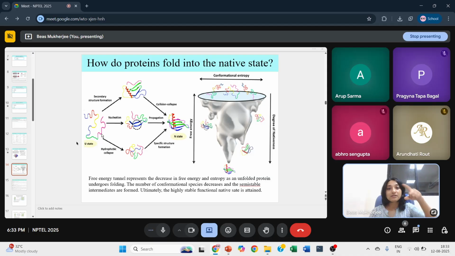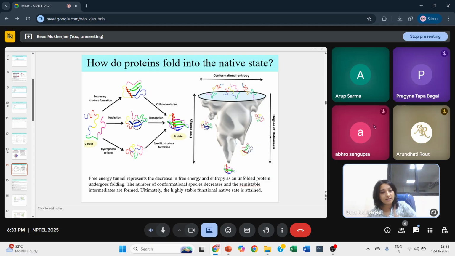So see, this is the free energy, this is how it goes, and this is the degree of nativeness. It is exactly the reverse of one another, and this is the conformational space. Initially the unfolded protein is at the top of the funnel, so it can go in any direction and form different non-native conformational states, and it can also come to the native conformational state.